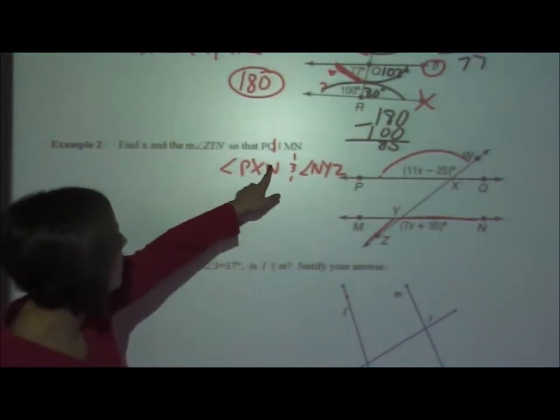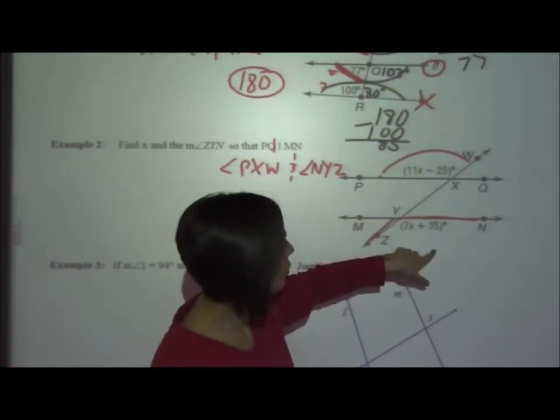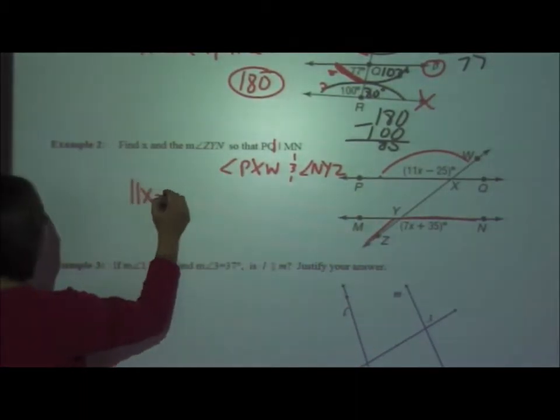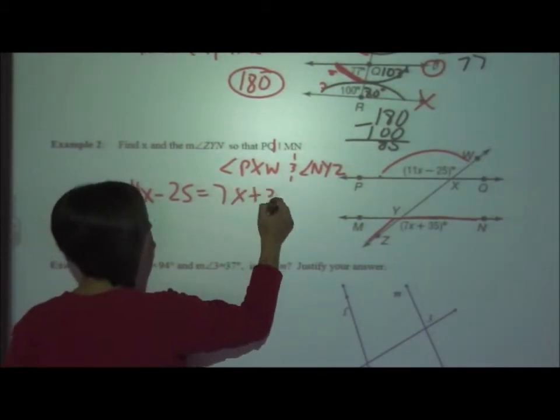And if the lines are parallel, how can we make sure that alternate exterior angles are congruent? Well, we set 11x minus 25 equal to 7x plus 35.